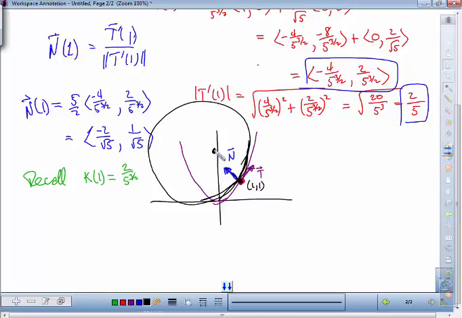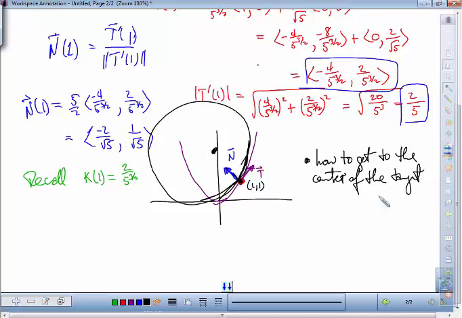So how am I going to get to this point? Multiply the reciprocal of the curvature.